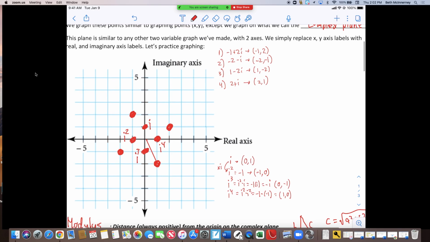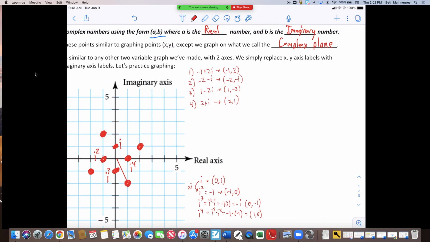And we're going to see, as we do that with other terms as well, so if we take this first point, negative 1 plus 2i, and multiply it by i, putting i on this side, we're going to get negative i plus 2i squared.